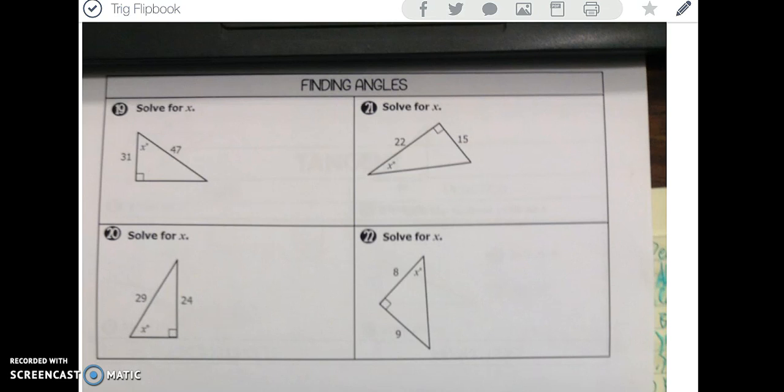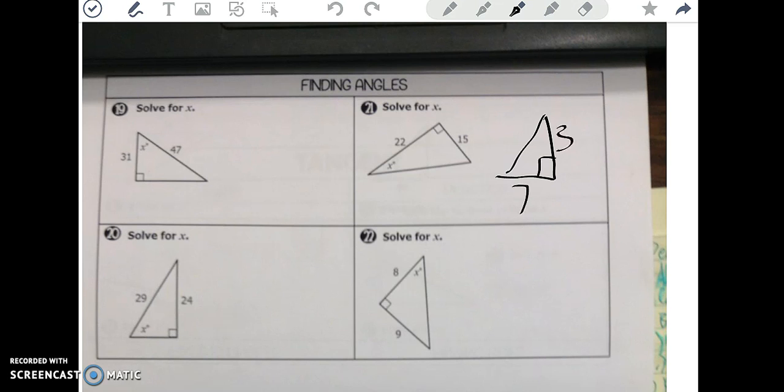Now, I will let you know, too, that on some of those problems on your task cards, you still can use your Pythagorean theorem. Remember, if you have two sides, you can still use Pythagorean's theorem. For an example, say you have a right triangle, and you have this side and this side, you can still use Pythagorean's theorem to find this side.